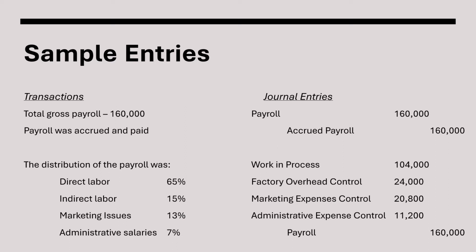If you look at it, there would be no double take up of accounts because the payroll expense would be zeroed out and transferred to the inventory account, which is work in process, and to other expense accounts. It's like you're reclassifying it according to its nature, so inventory accounts and the respective expense accounts.